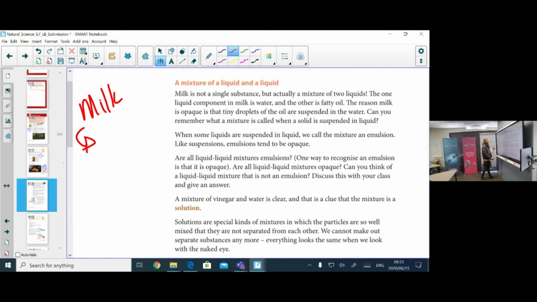When we're looking at milk, what's milk? Milk is a combination of water and fat. Milk is a mixture of water and fat, or you can say fatty oil.